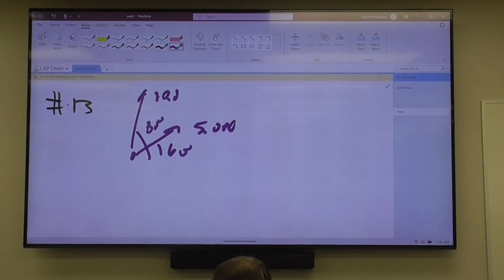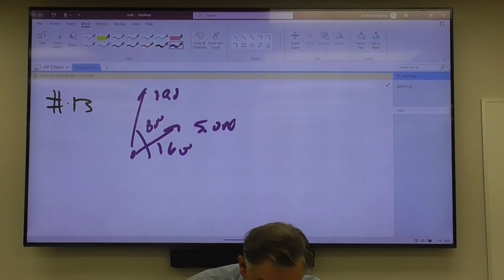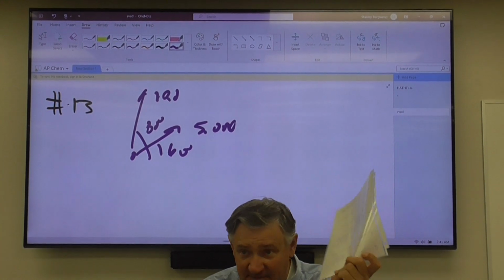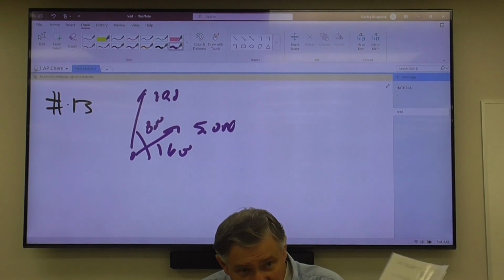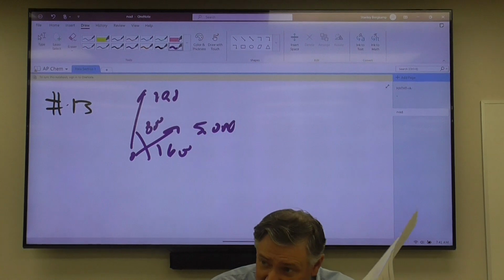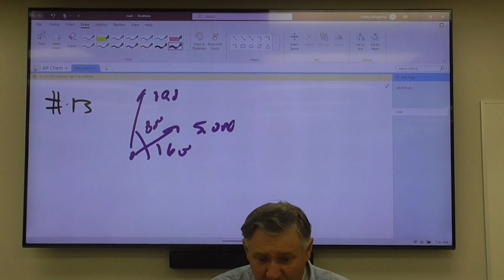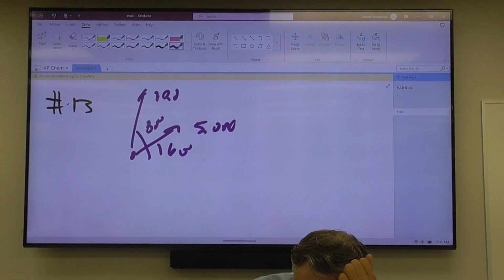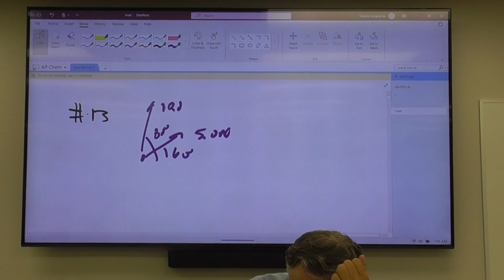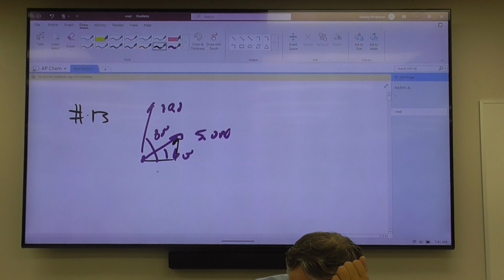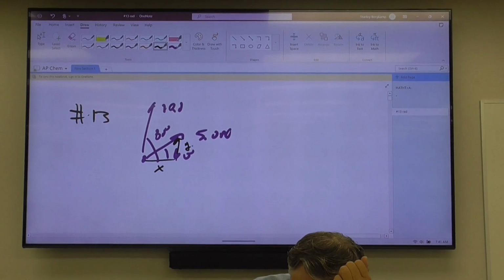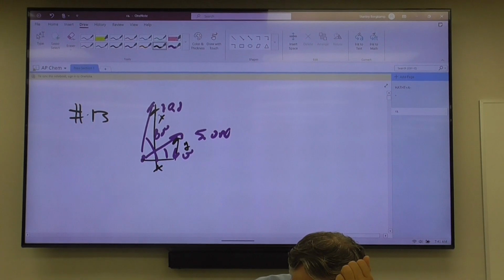Okay, that's it. The other thing, and literally, if you look at this answer key, I've got charts. I've got charts because it forces you to be organized. So here's the main idea. You're going to find the X and Y components of both of these.